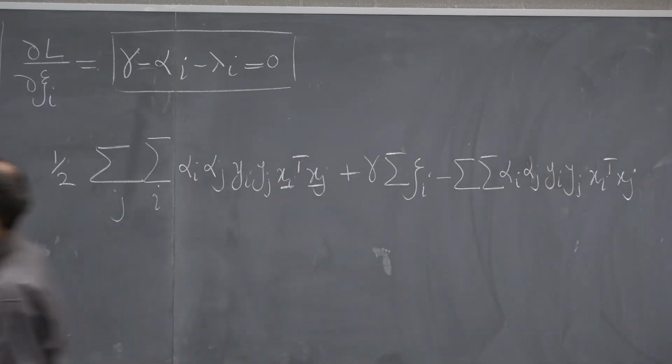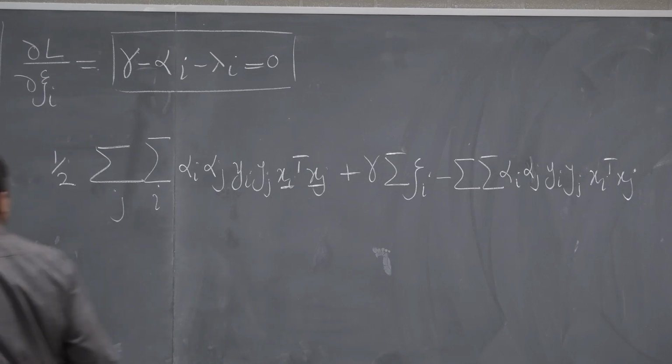We had exactly the same thing in the hard margin case. Then I have this term, alpha_i y_i beta_0. I can take beta_0 out, and the summation of alpha_i y_i is 0, so this term is 0. Then I have the summation of alpha_i.